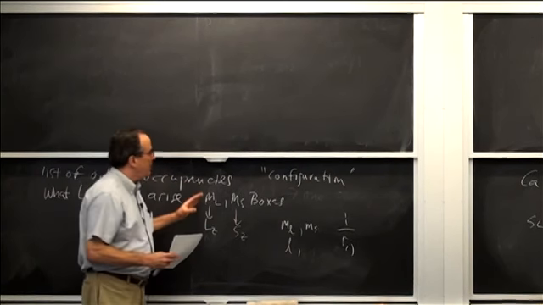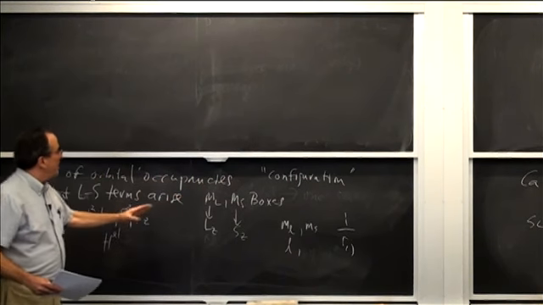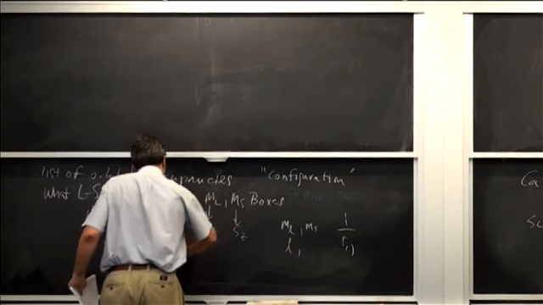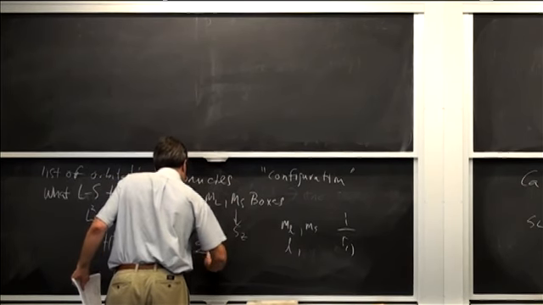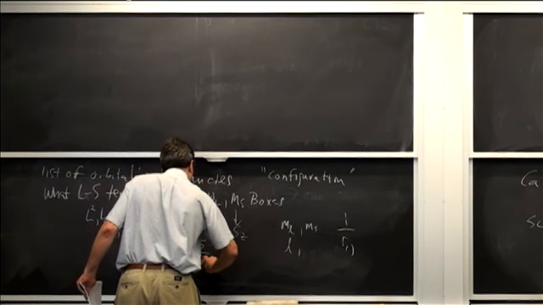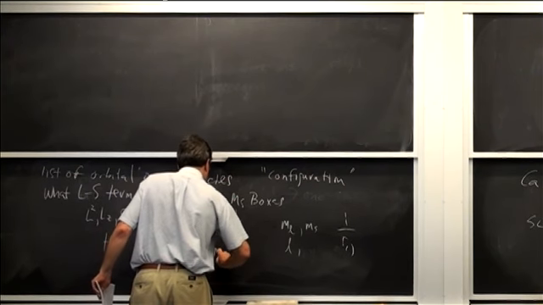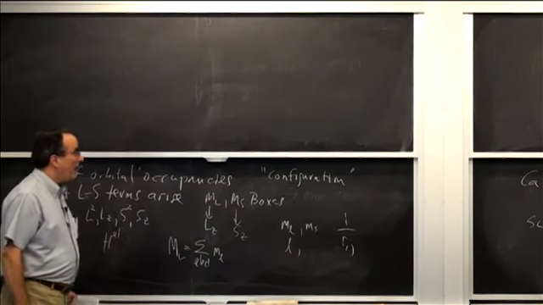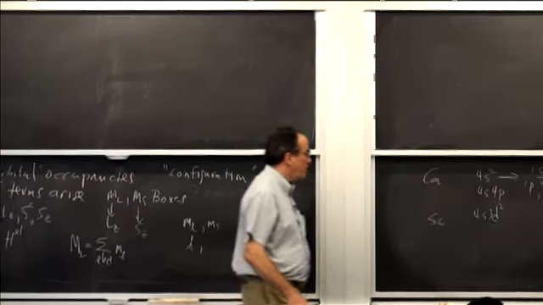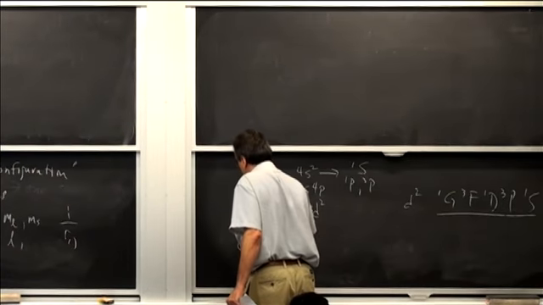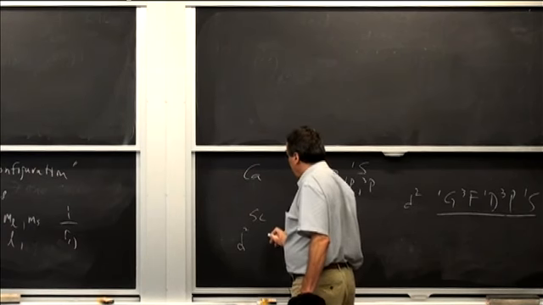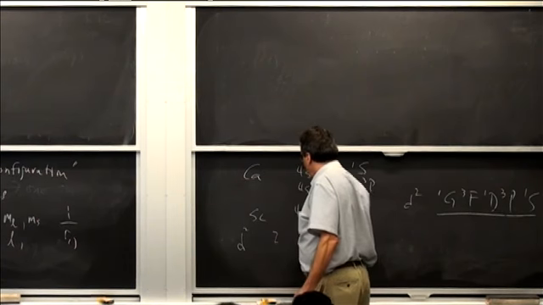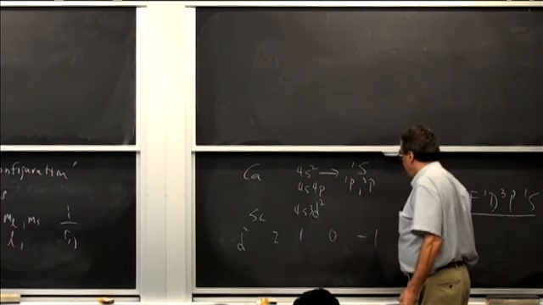If we look at the possible values of m sub L, and m sub L is the sum over electrons of little m sub L. And so if I say we have a configuration d squared, well, d can have m sub L 2, 1, 0, minus 1, minus 2.